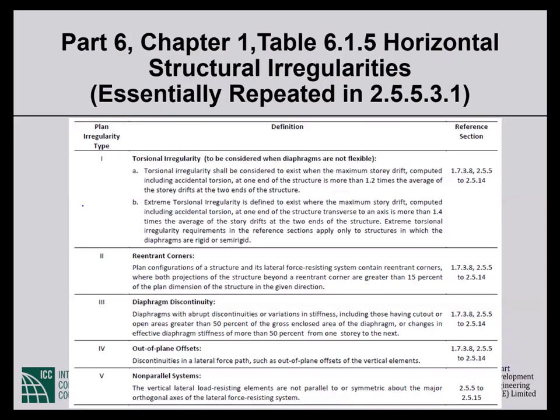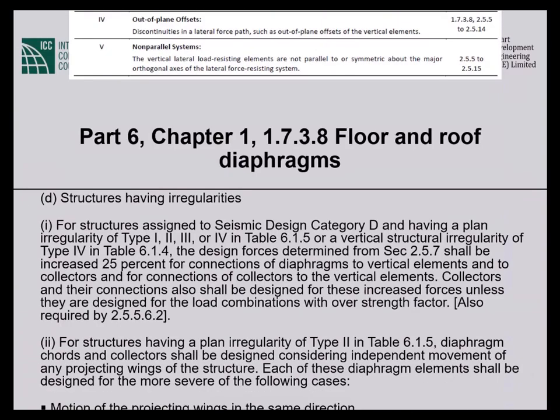So I do not know that is all that terribly meaningful. But 1738, and later you will see when we come to vertical irregularities, there is another section that is referenced that is kind of meaningful.